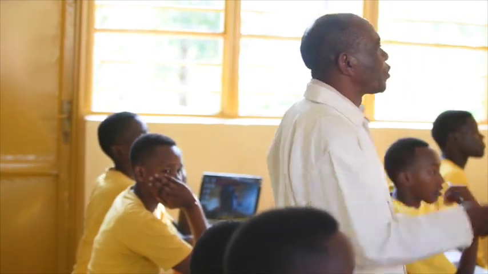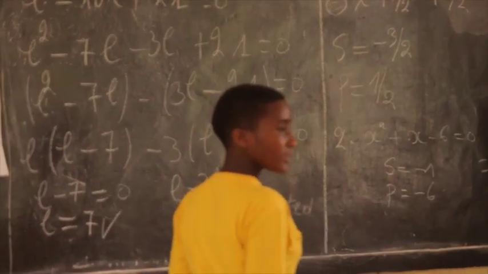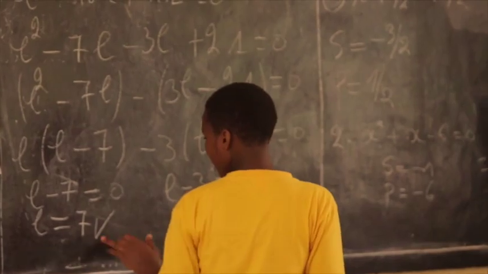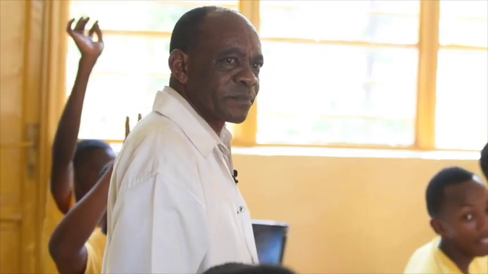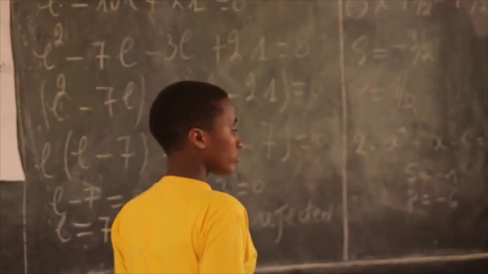Tell us, why do you reject L is equal to 3? The length of a rectangle cannot be different. You can go and tell her.